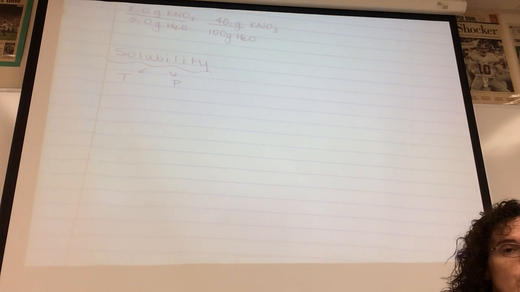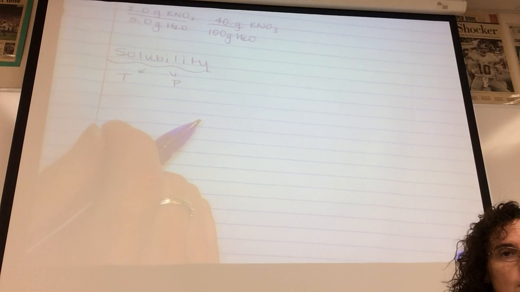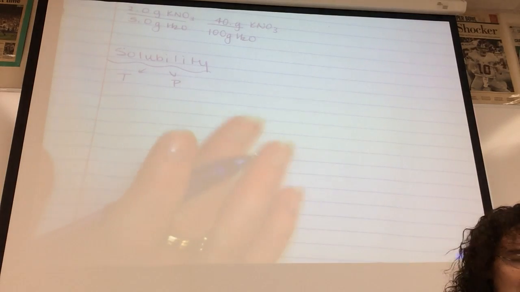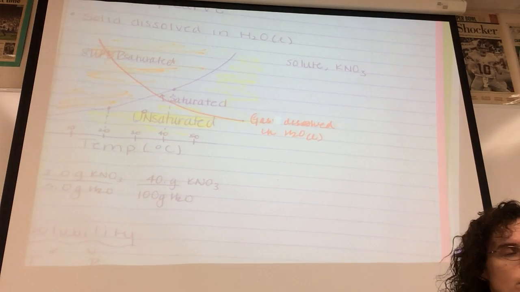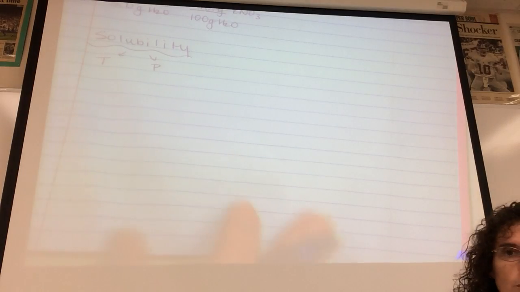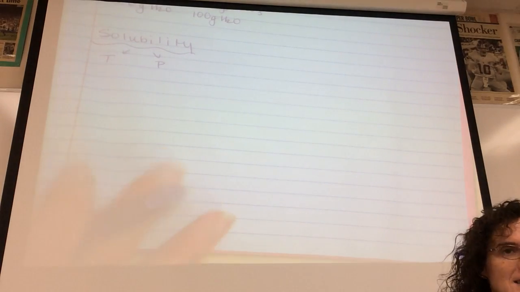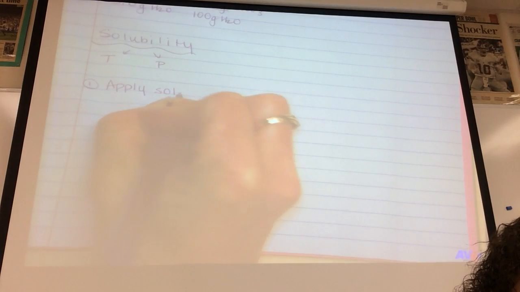Your goals today are as follows. Understand how to read the solubility curve. In regard to your quiz, which will be Wednesday for all classes, you need to be able to apply your solubility rules.